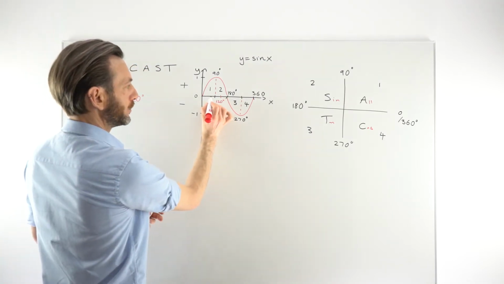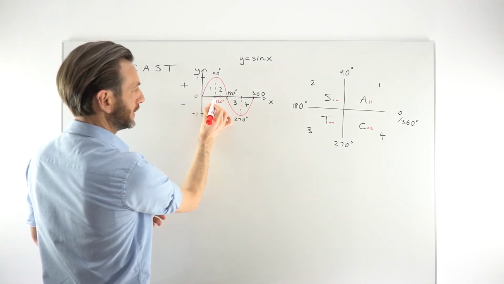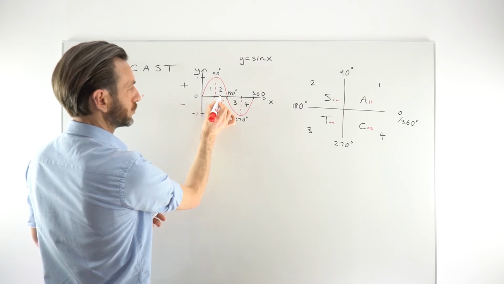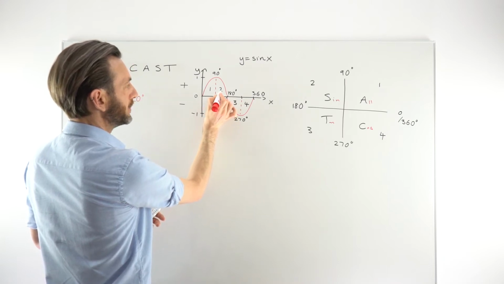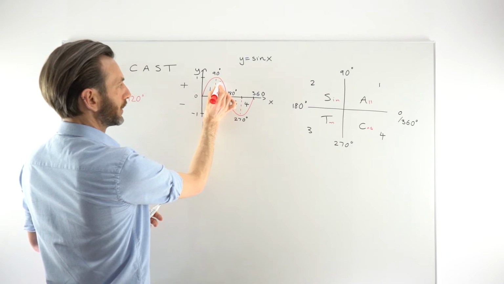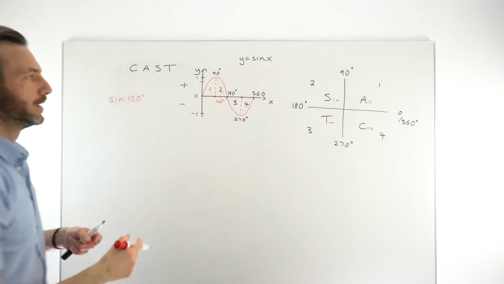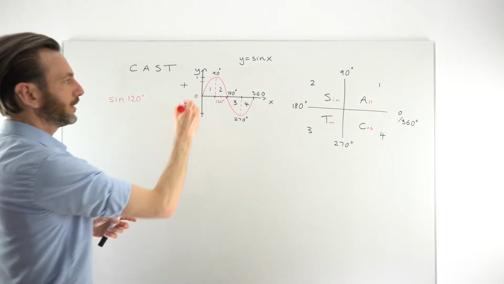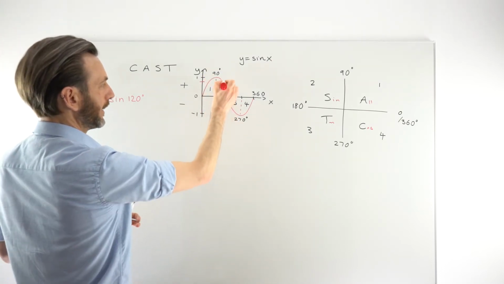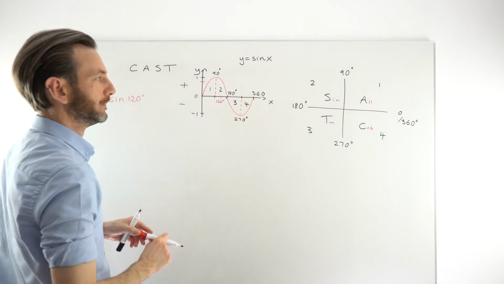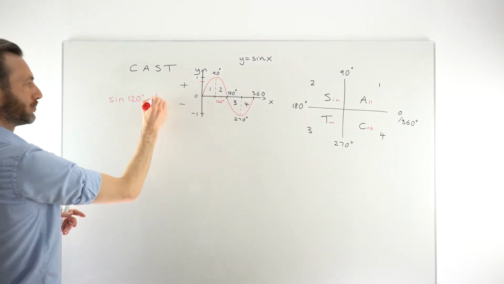From the graph, you would say, right, 120 is here, so this is 90, 100, 110, 120. If I go up till I meet the graph, it's way up here, and if I go over to the y-axis, that's definitely positive. That's how I would get that information, but I had to draw the graph and get the sketch reasonably accurate. From there, that's telling me that this is positive.